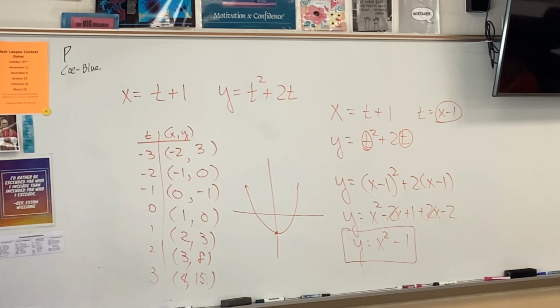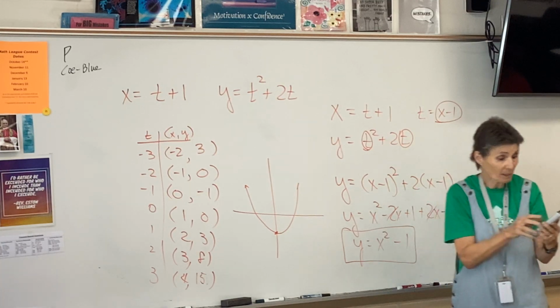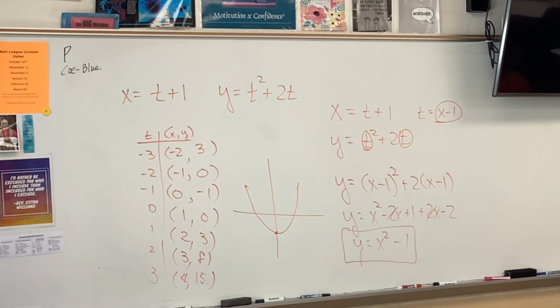It used to look like y1 equals, y2 equals. Now it says x equals and y equals. So you're going to put in t plus 1. If you use your variable button, now it'll say t and not x. Plus 1.